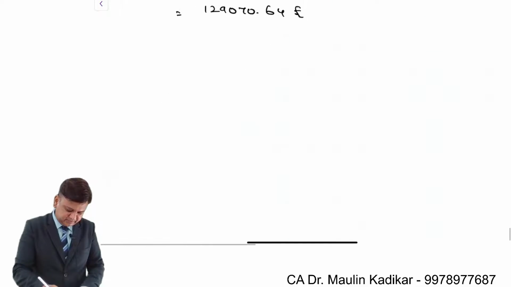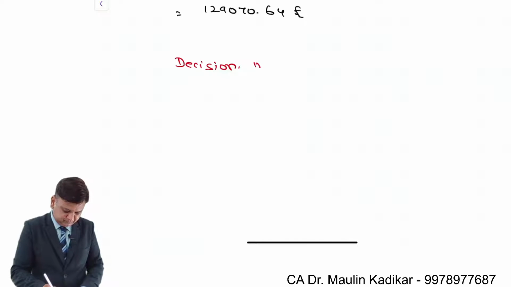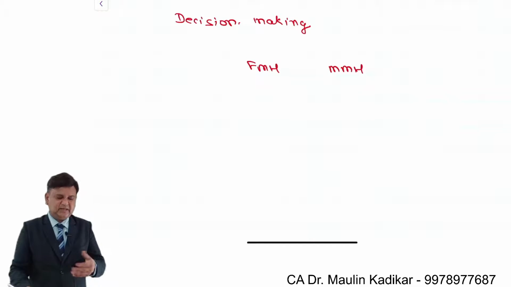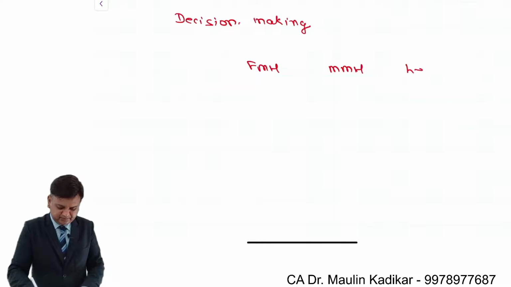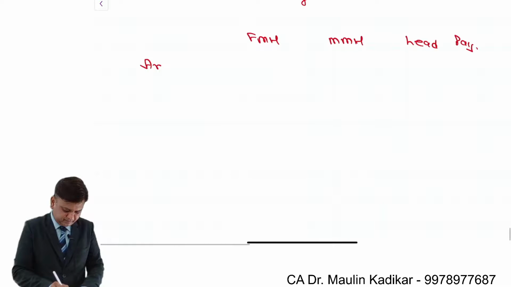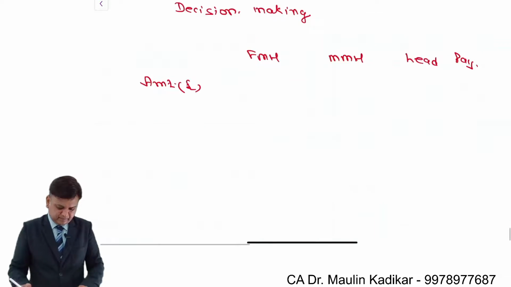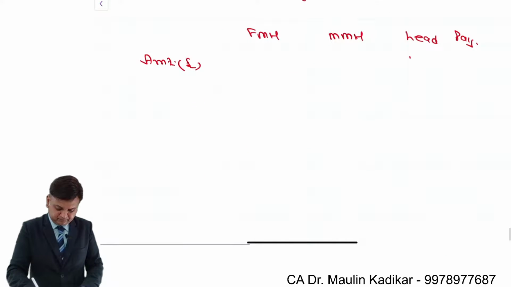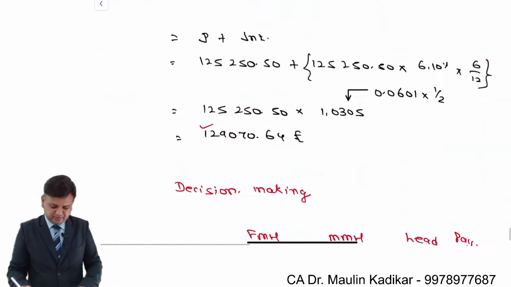So now decision making. In that, forward market hedge, money market hedge, and the last one is lead payment. The amount payable is 1,29,070.64 for lead payment.